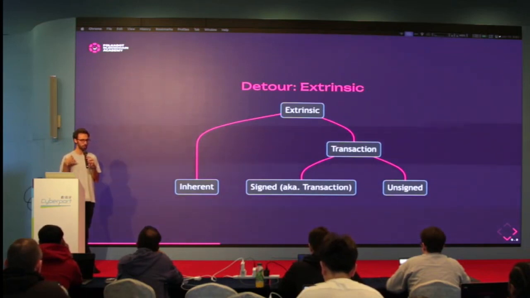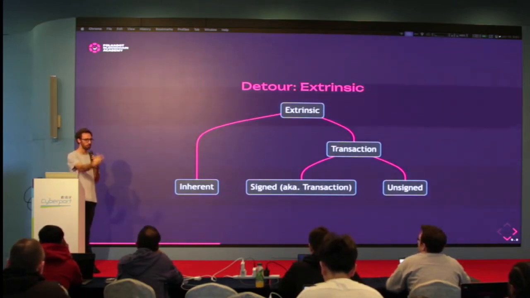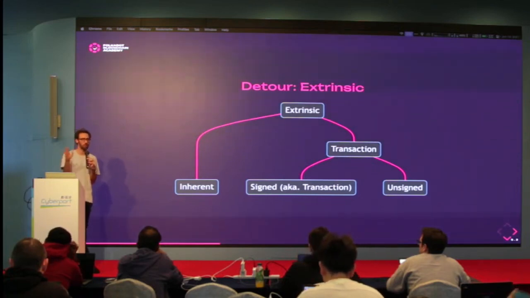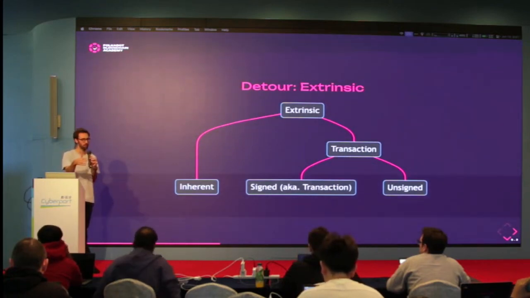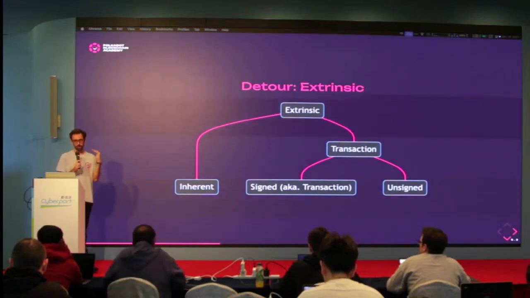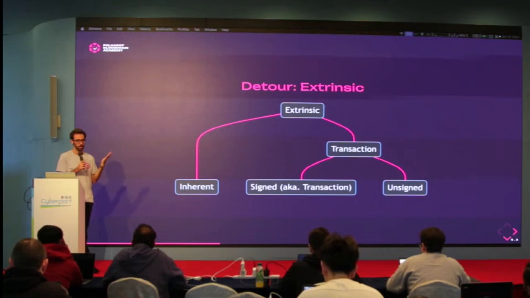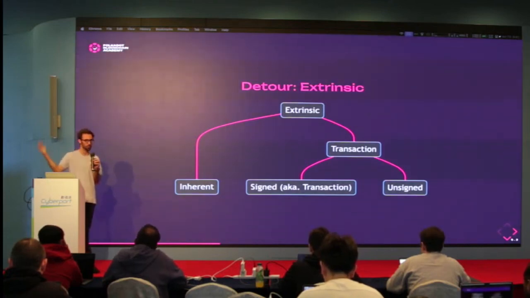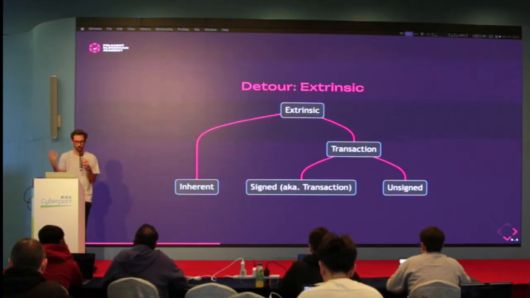Validators, when they author a block, put their local timestamp of when they think the time is right now into the block as an inherent. Other validators will check if this is somewhat reasonable. If it is, we accept it, and that's the timestamp associated with every block. TLDR, it's data put into the block by the block authors. But importantly, it's not signed. It doesn't come from a transaction pool, so it's not like a typical transaction.